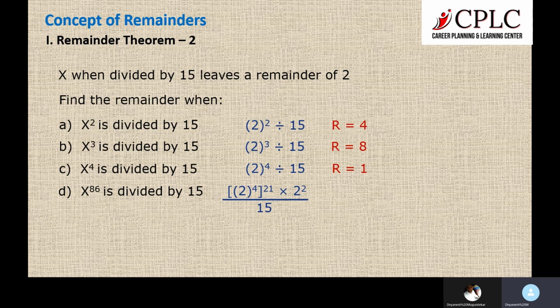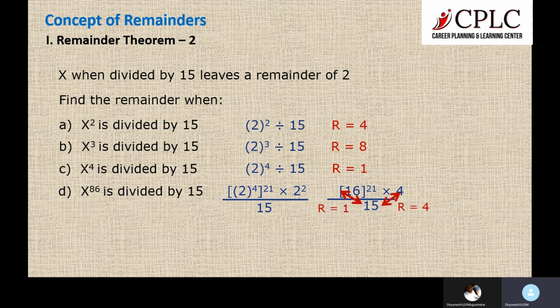Now, when we start dividing, obviously 2 raised to 4 is 16. 16 when divided by 15 gives us remainder plus 1. And the right side is 2 raised to 2, which is 4, divided by 15 will give us the remainder 4 only. And if you remember the idea again, replace the number by the remainder. We'll replace 16 by 1.